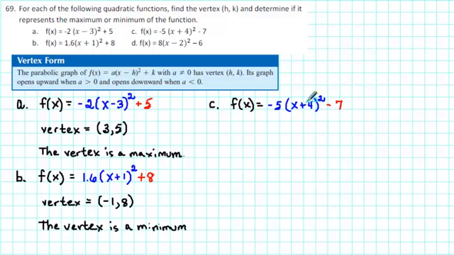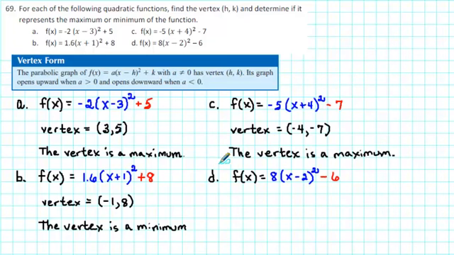The square of 0 is 0. 0 times -5 is 0. So the x-coordinate of the vertex is -4. And when we substitute -4 into the function, the result is -7. So our vertex is (-4, -7). Since the parabola opens downward, the vertex is a maximum.